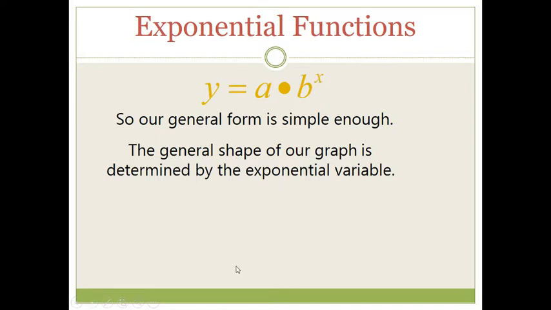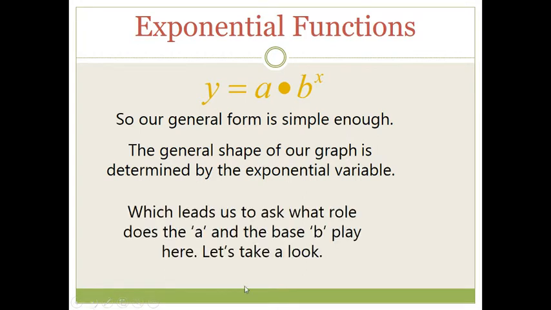That's what makes it exponential. That's what gives it that increasing at an increasing rate, that picture you saw on the last slide, or decreasing at a decreasing rate, which we'll see as well. But let's talk more about our general form here. Let's ask, what role does A play and what role does B play? Well, let's take a look.